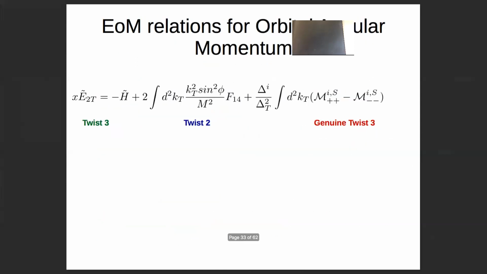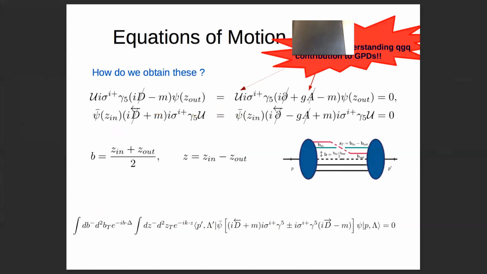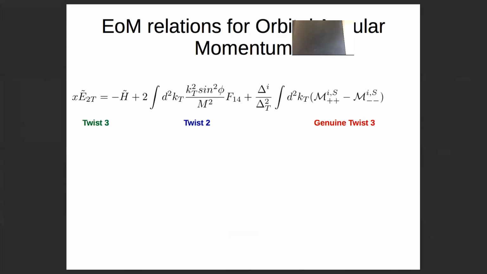Yeah. On one. Yeah. So, what determines your choice of operator? Okay, that's a very good question. We want to connect vector GPDs with, I mean, we want to understand, so these are all chiral even things. So this is a vector twist-3 GPD, this is axial vector twist-2, but everything's chiral even.